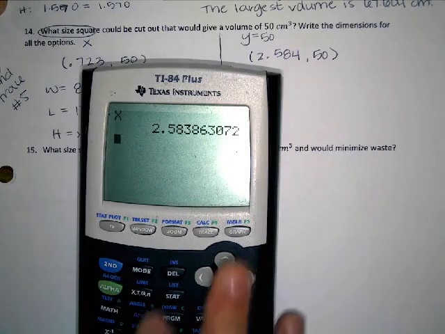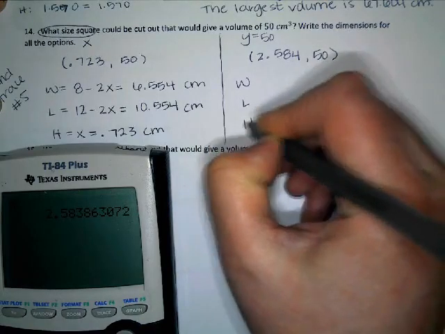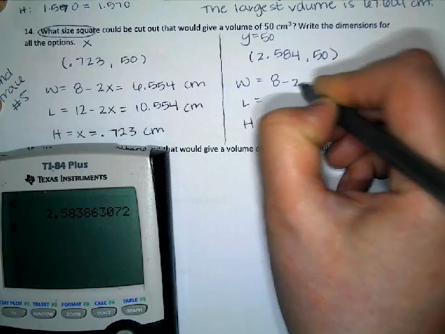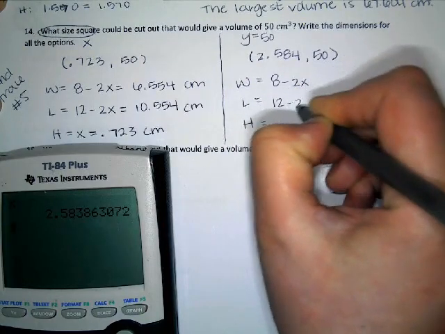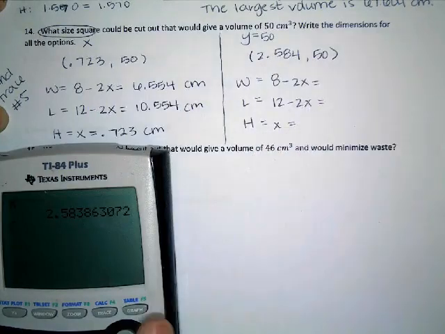So 8 minus 2x, 12 minus 2x, and x. So there's my new dimensions.